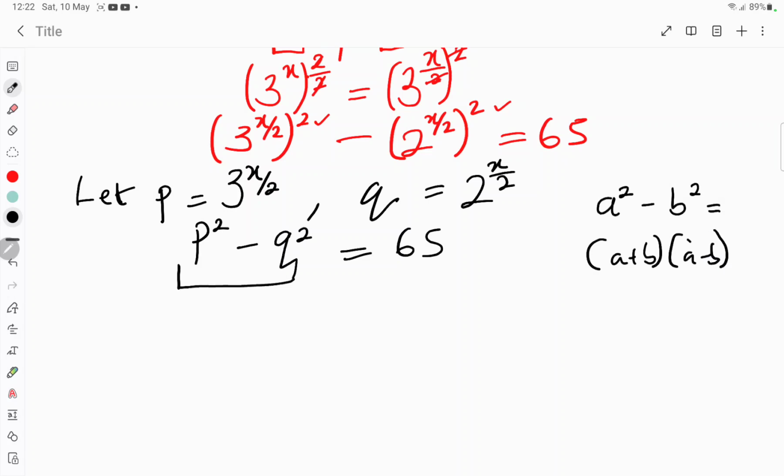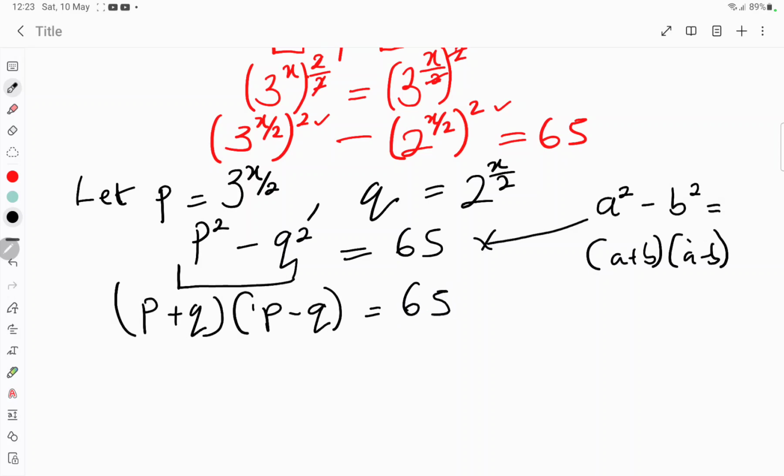The reason why we're trying to do this is just to expand the term. If that's agreed, we can now substitute it in this existing equation. So we have p plus q into p minus q is equal to 65.